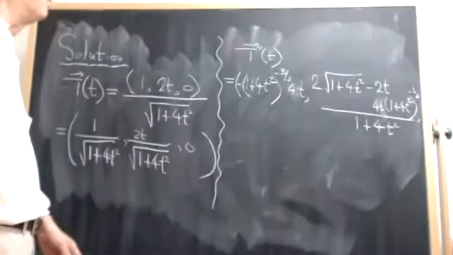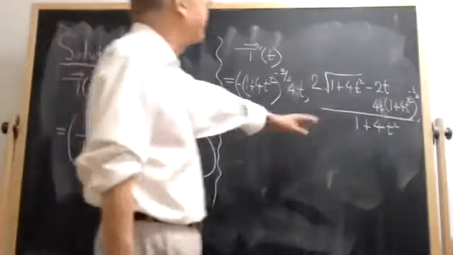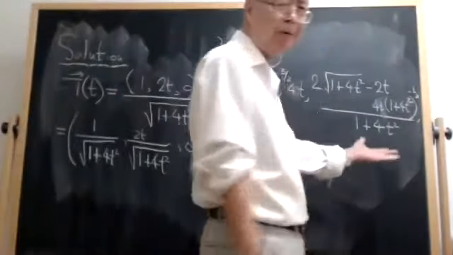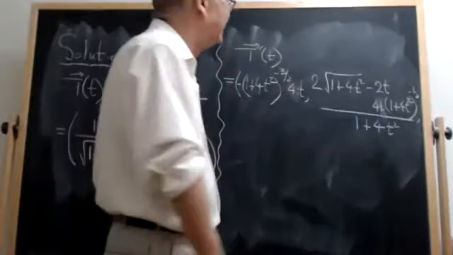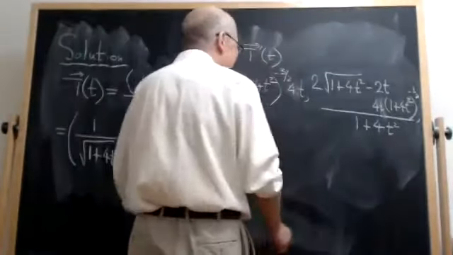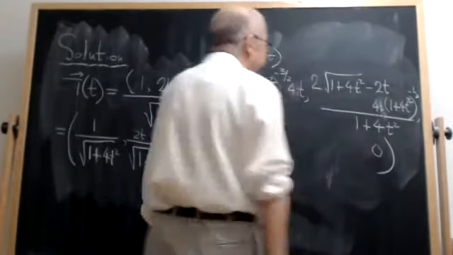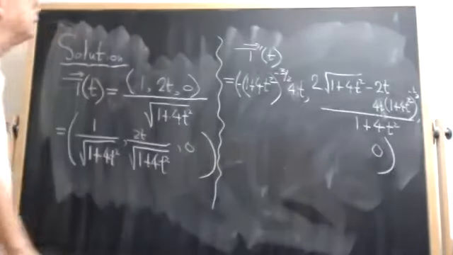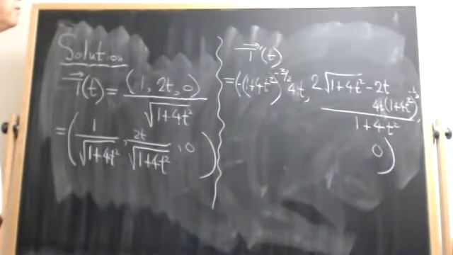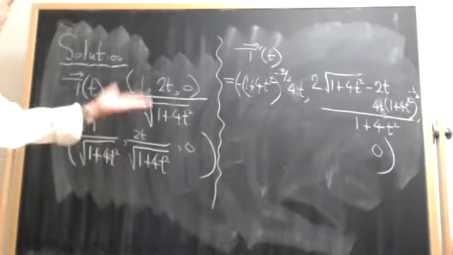I'm using the quotient rule. That's the second answer. And finally, the last one is easy, it is 0. Okay, that's T prime of t. It's in the notes anyway. I will post it, so it's correct.